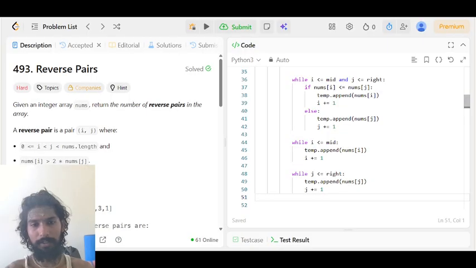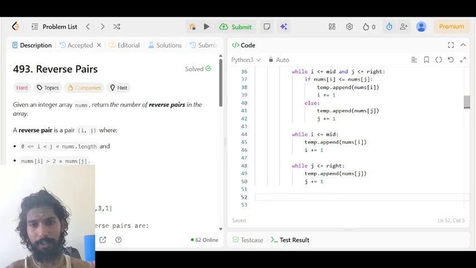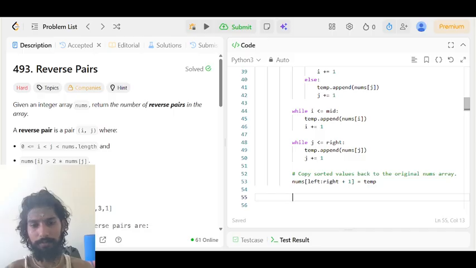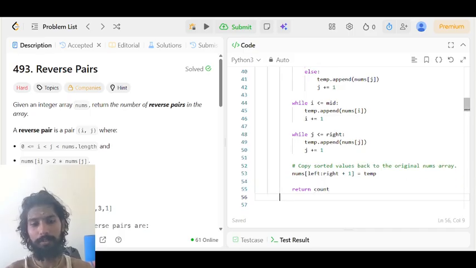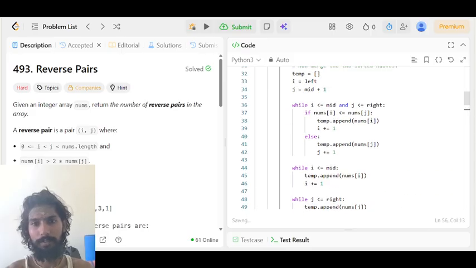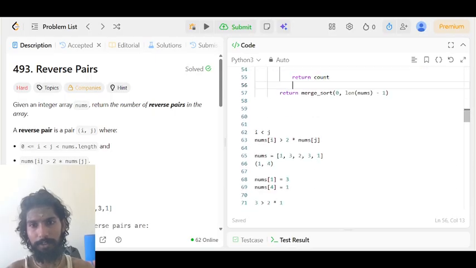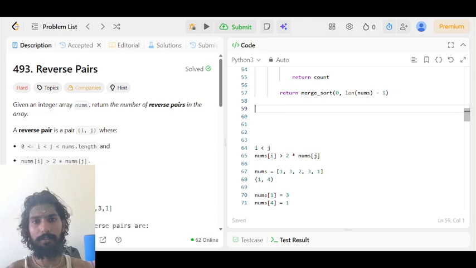Finally, we copy the values back into the original array and we return the count. And we also return the merge sort. So this is our merge sort function, and here we call the function. Let us try to run this example.